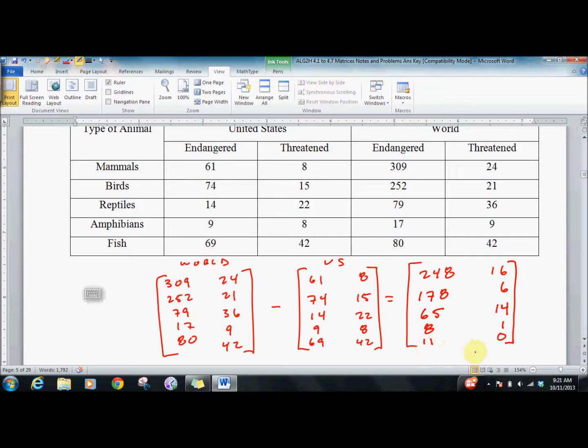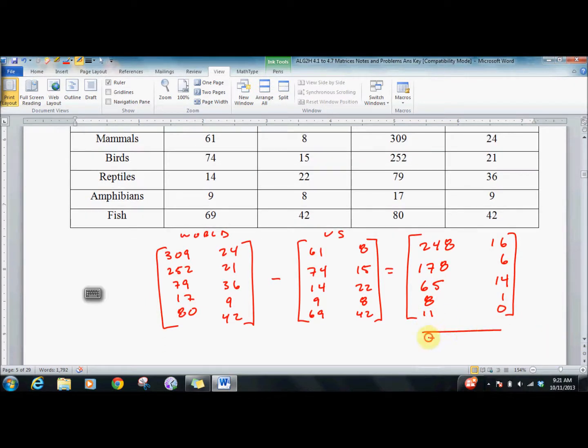Good. So here's our solution. Just subtracting the matrices. It was a very complicated thing I did for something that really isn't that hard. Could have done it without drawing the world and US matrix. Most of the time, when you're working with data like this, you're going to put it in a spreadsheet. And this will be an Excel spreadsheet problem.